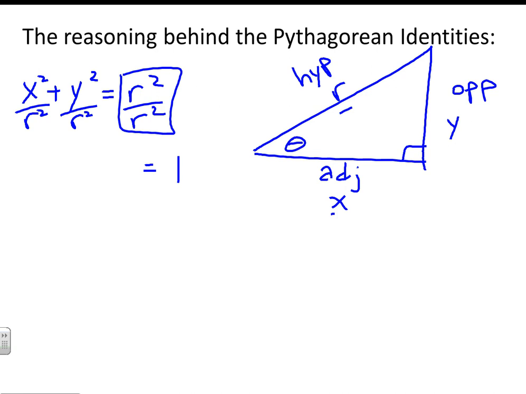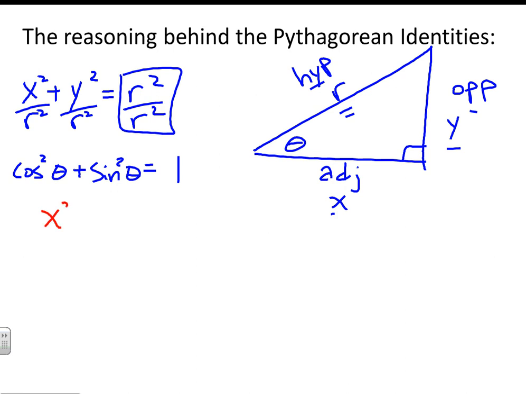That is cosine. So x squared on r squared is cosine squared of angle theta. Plus y on r, opposite on hypotenuse, is sine. There's a Pythagorean identity.